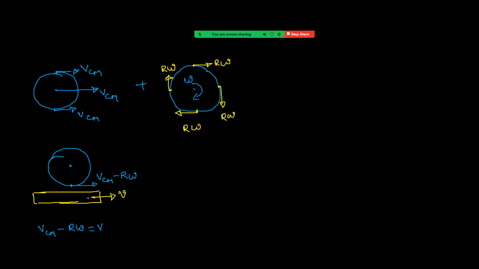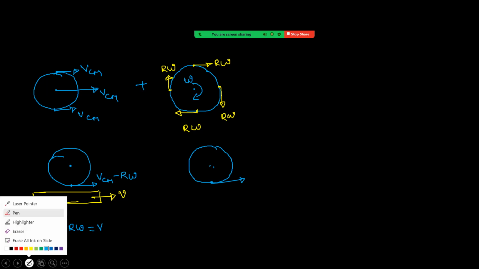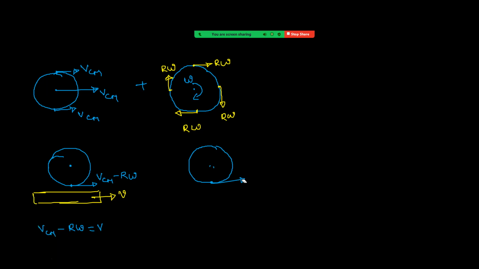For example, in this diagram, for the plank, velocity is to the left side. I will make a diagram here. For the plank, suppose velocity is to the left side. Then see the condition for rolling without slipping.